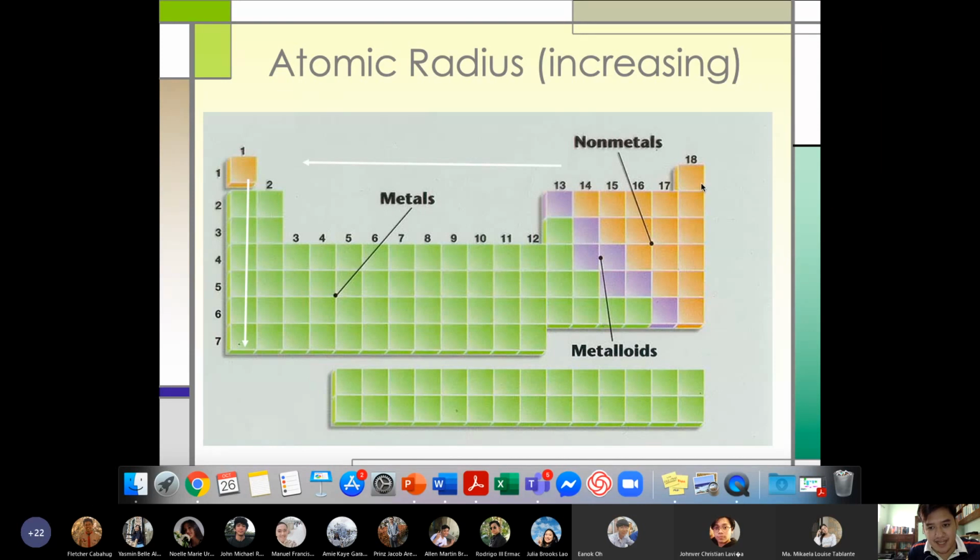If you are asked to arrange them in increasing order, you just have to look at the periodic table from right to left, then going down. There will be a sample exercise later. That is for atomic radius.